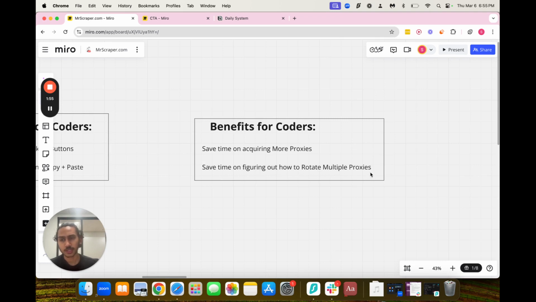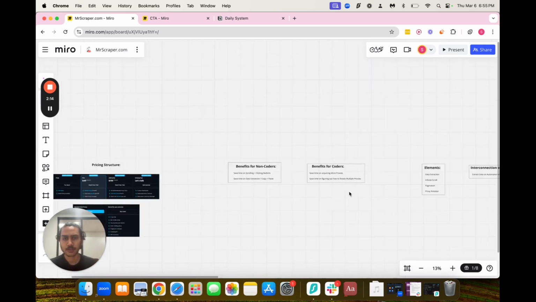So they automate rotation between proxies, and that allows you to not get detected, and your single proxy doesn't burn out because you have multiple that are rotating, right?